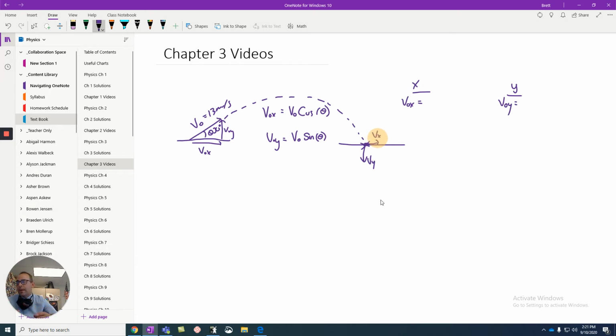So as we identify these two velocities, we have to realize that if we want the actual final velocity, it is the Pythagorean hypotenuse to those two values. Okay, it's not going to be just the x or just the y. It's going to be the combination of the two, just like it's a combination of the two at the beginning.